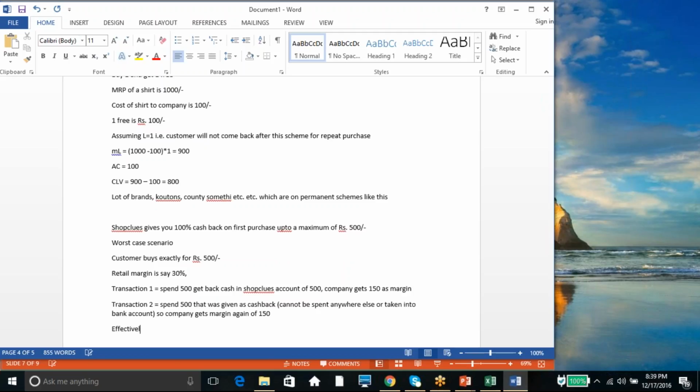So effectively, the customer gave rupees 500 and the company earned rupees 300. So the net loss was 200 for the first-time user, spent for the acquisition scheme.